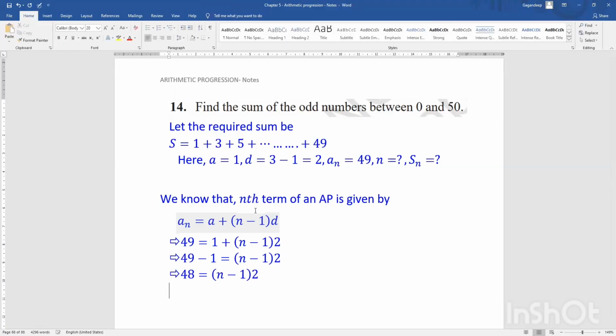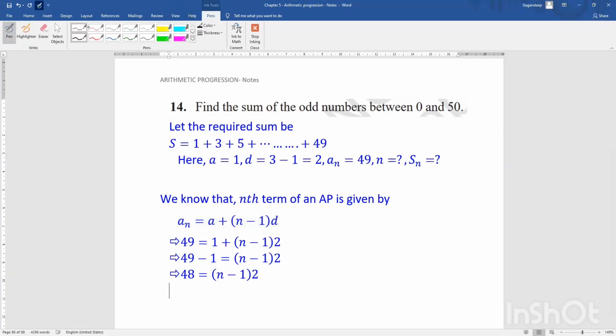Now you can do the cancellation, (n minus 1) and this 2, and 48 goes how many times? See, 2 ones are 2, how many times? 2 twos are 4, right?